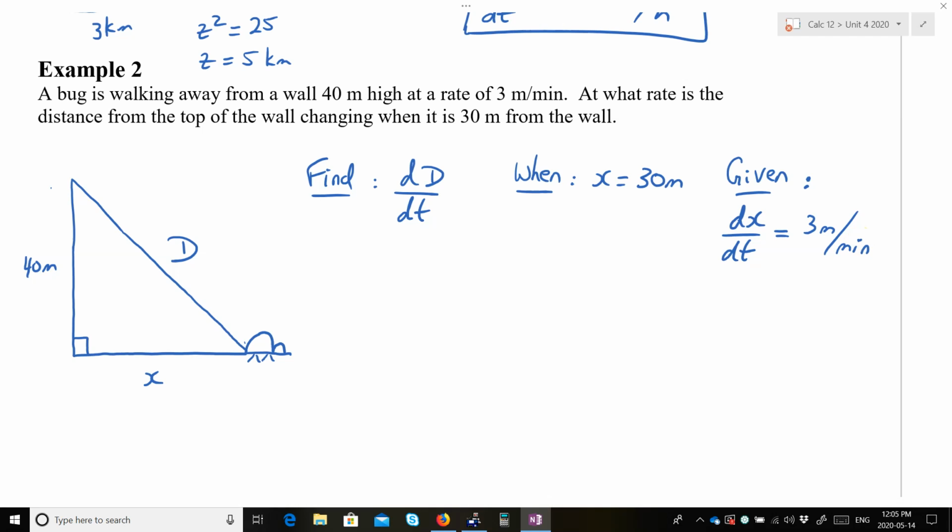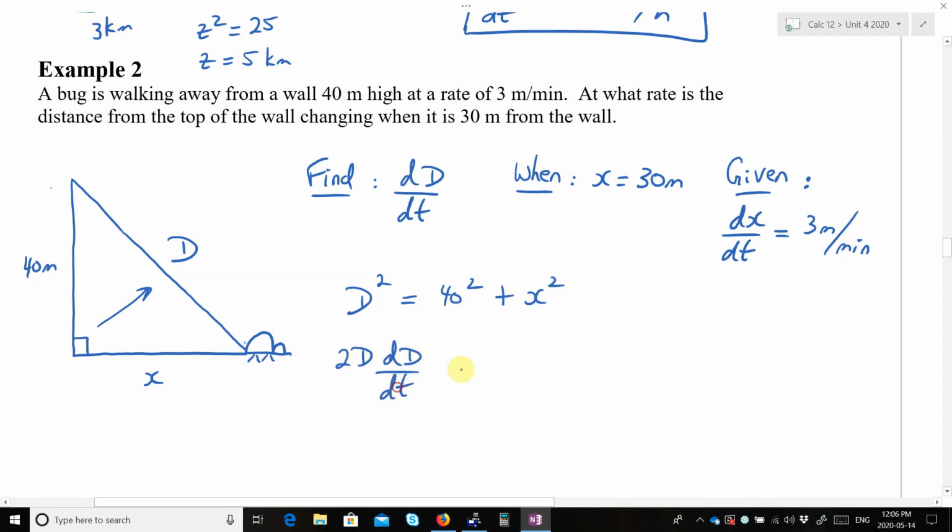Okay, so again, this is a Pythagoras type question. A squared plus b squared equals c squared. D is the hypotenuse. So we would have d squared is equal to 40 squared plus x squared. Differentiate both sides with respect to time. Derivative of 40 squared is 0.